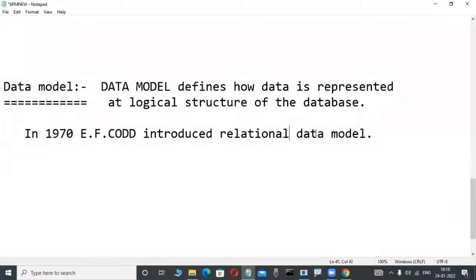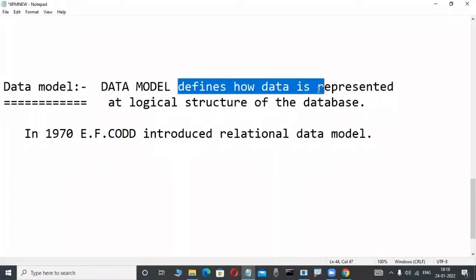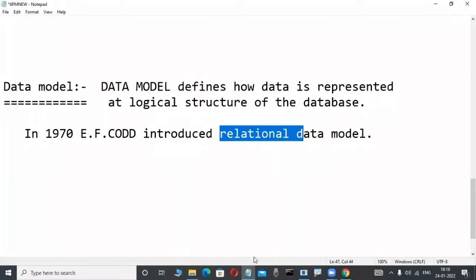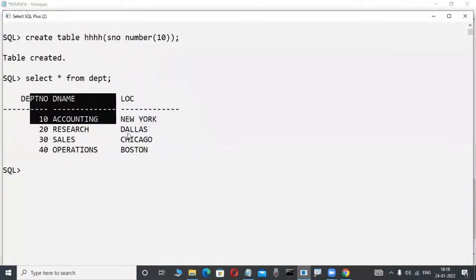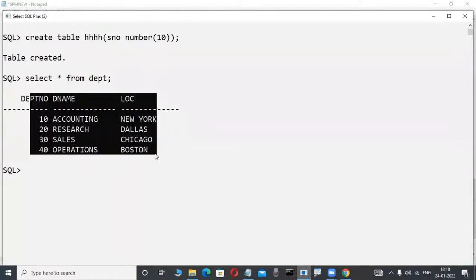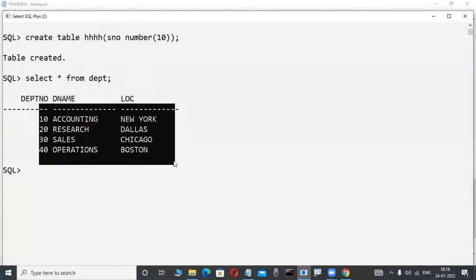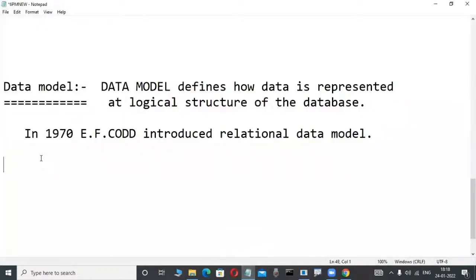Relational data model means what? How is data represented in a logical structure? This structure is not visible in the operating system. In this logical structure, data is represented in the format of rows and columns. That is nothing but two-dimensional tables.